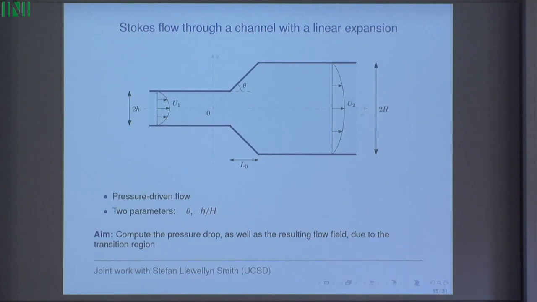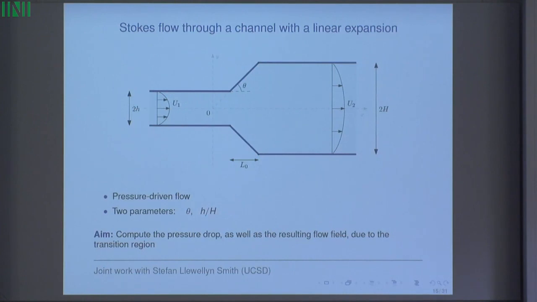So we have this channel geometry. We have a pressure-driven flow, and we have this linear expansion. The flow here is U1, and then U2, and U1 and U2 are related by flux conservation.